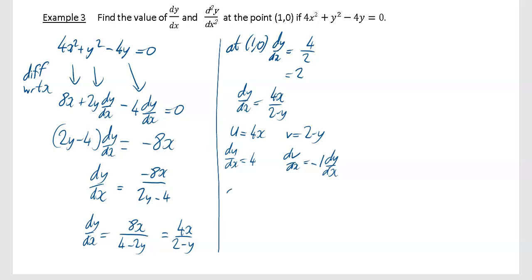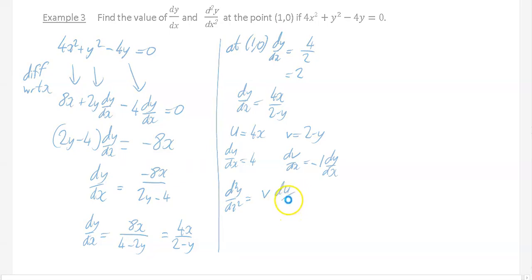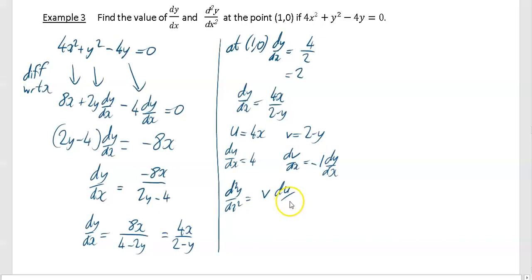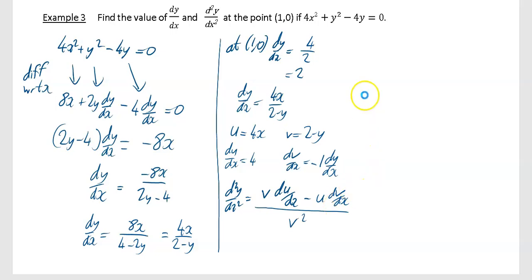We're just going to go ahead with that and then say our d2y by dx squared is equal to, and I think it's useful in this case to write down the formula, v du by dx minus u dv by dx all over v squared. And then we'll just continue this on up here, up at the top.